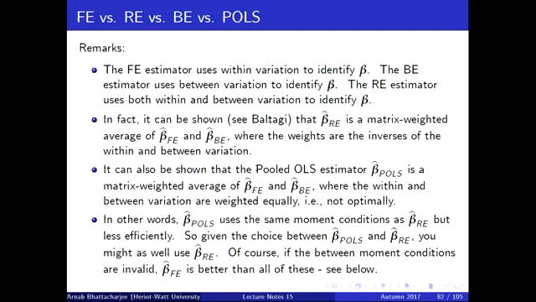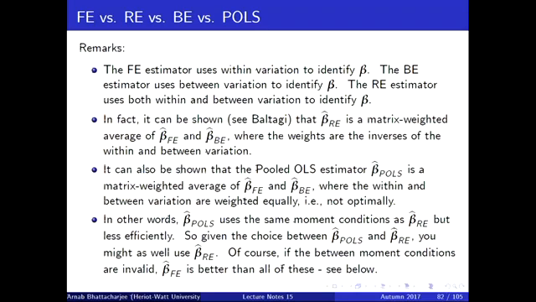That means that suppose both sets of moment conditions were correct, all right? Then we would like to use both within and between variation, right? Because both sets of moment conditions are correct. So x is orthogonal to alpha, x is also orthogonal to eta, in which case we would like to use both sets of moment conditions, both within and between variation.